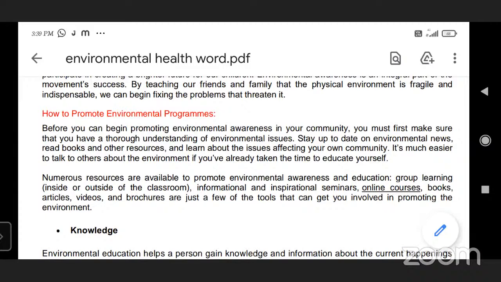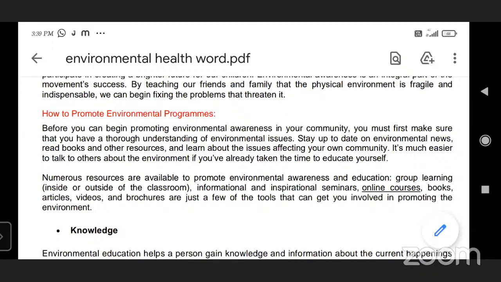If you know everything about the environment, if you have rich knowledge about it, then you will be able to teach your friends, your family, or your village people, isn't it?